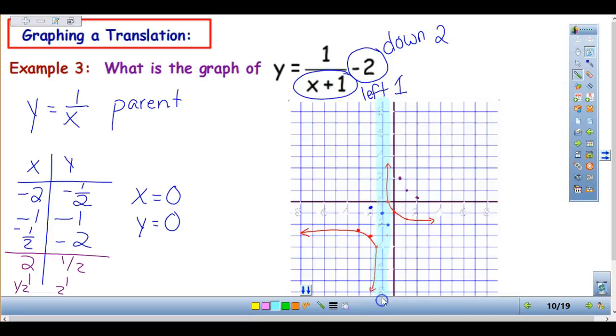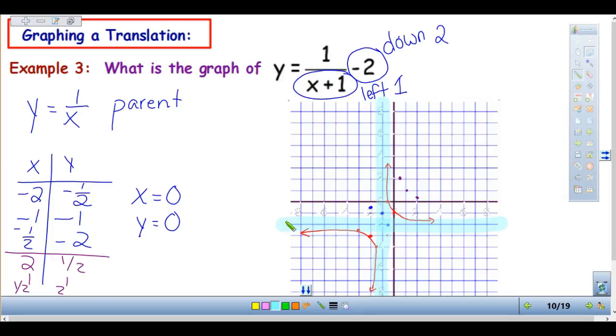So you notice my red curve didn't ever cross that line. Now the other one used to be at y equals 0. Where do I move that one? Down 2, right? So now it is actually right here. So your asymptotes also move, because now we know it's, hey, we had a y-intercept. So it's not y equals 0 anymore for that asymptote. It is now y equals -1.